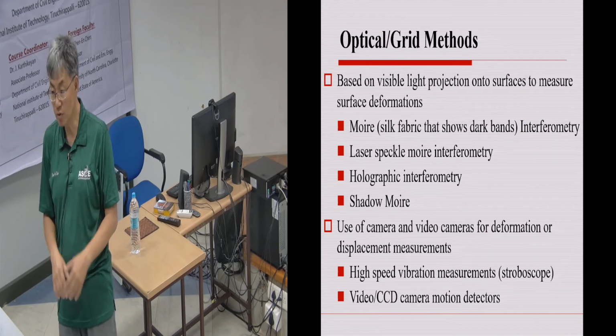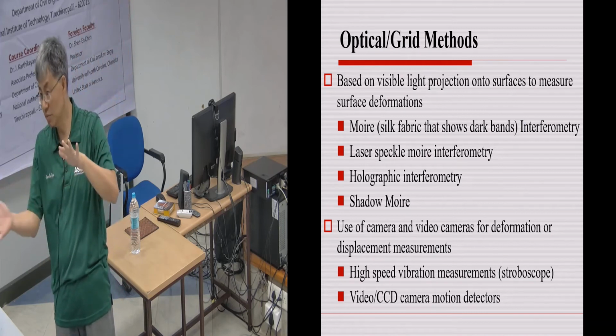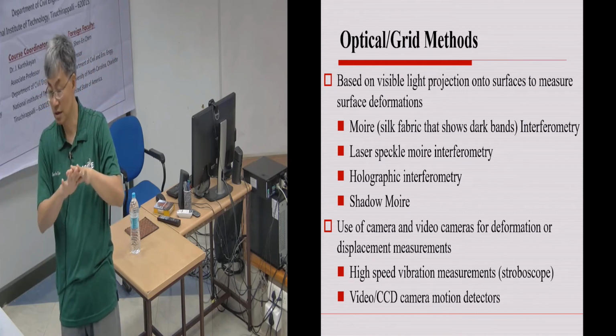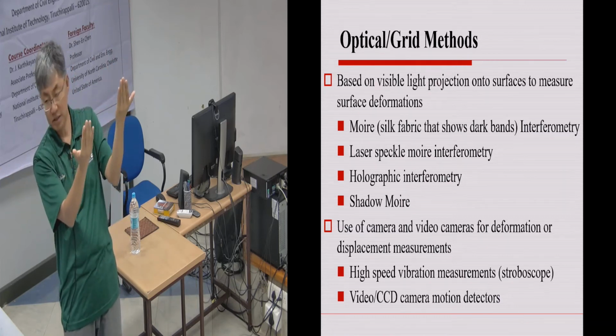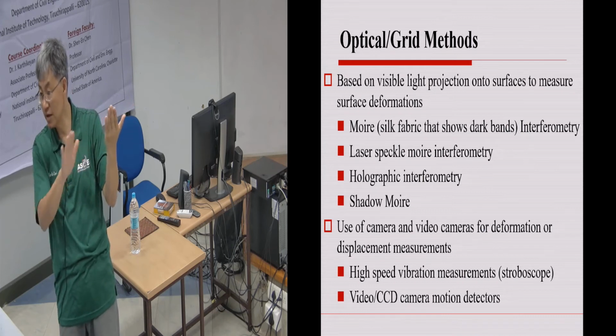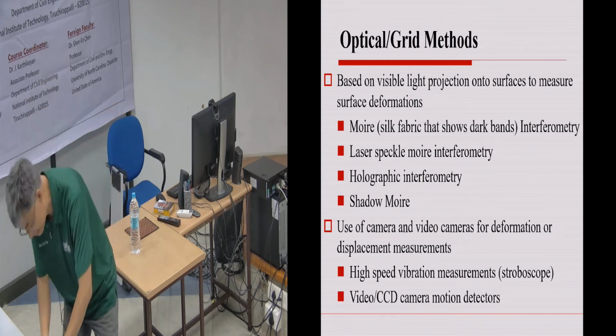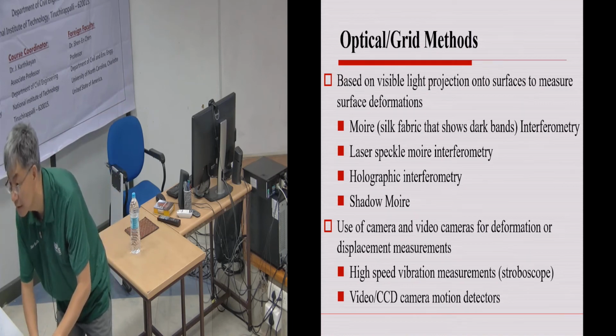So what is moire? Moire is the change of light pattern. Remember from high school physics, okay, that when light goes through a certain transparent material that has different optical densities, as a result the light scatters. Kind of like my hand, you can see the different light level, right?